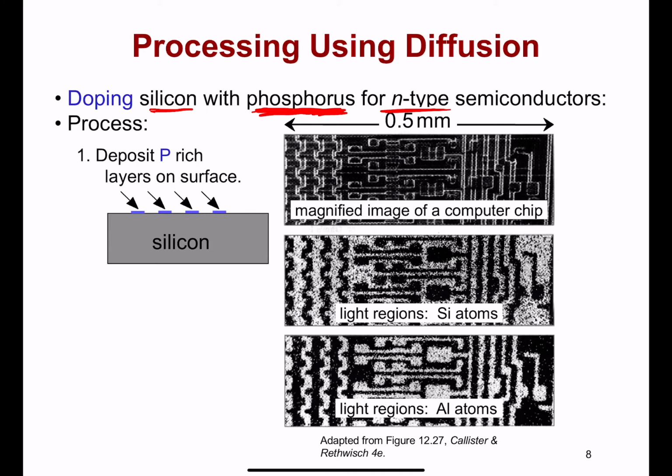So the process might exist with that pure silicon lattice, rows of atoms in perfect order of silicon. And then onto the surface, we might deposit a phosphorus-containing molecule or directly deposit atoms of phosphorus right onto that surface.